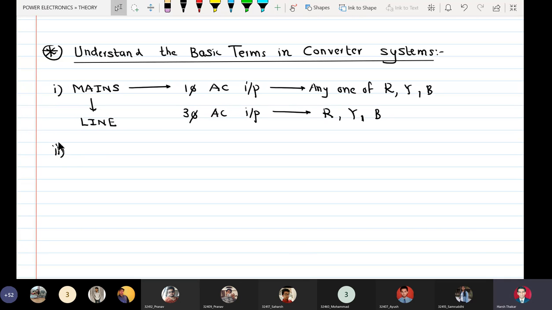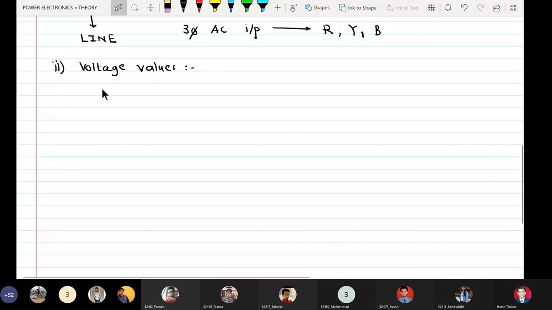Second thing, understand the voltage values associated: peak, RMS and peak to peak.